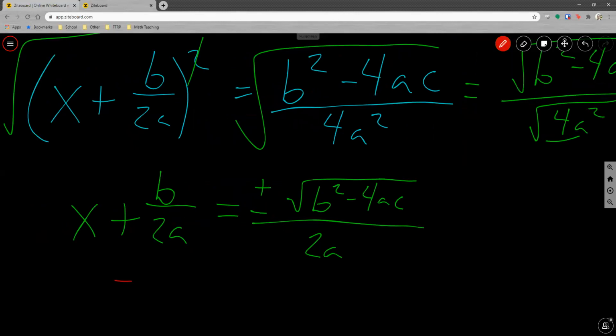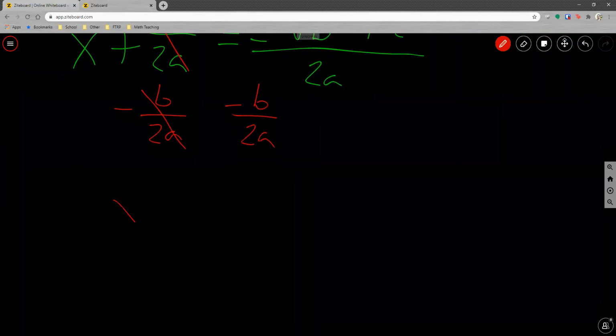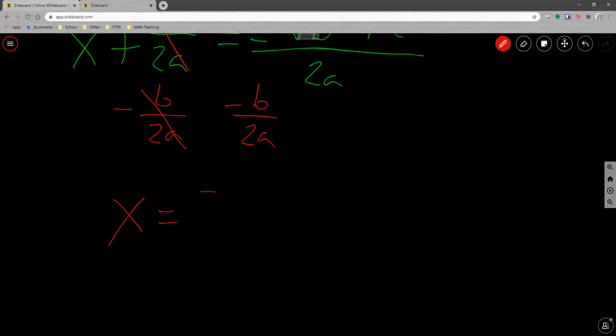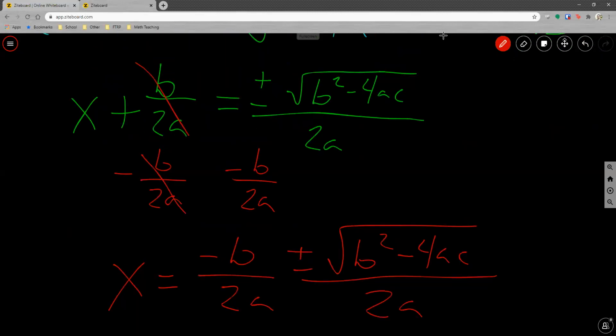I'm going to subtract b over 2a from both sides of the equation. These are going to cancel. And finally, I'm left with x equals negative b over 2a plus or minus the square root of b squared minus 4ac all over 2a. Well, what's nice about this is I've got a common denominator.